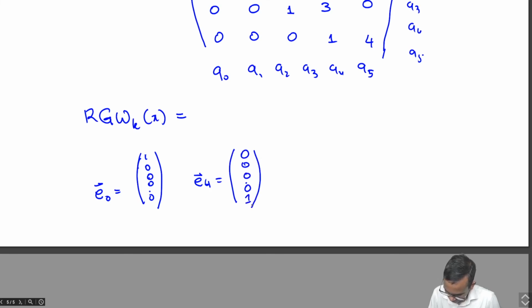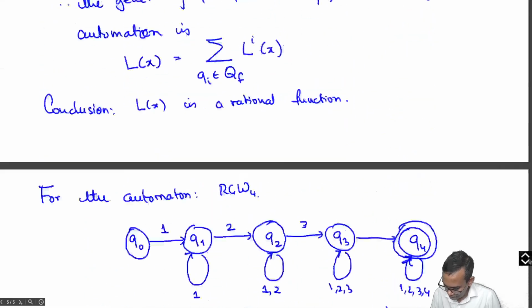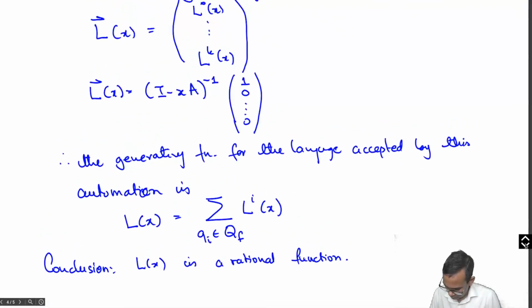Then RGKX is just E5 transpose times I minus xA inverse times E1. That is exactly what these two equations here boil down to.